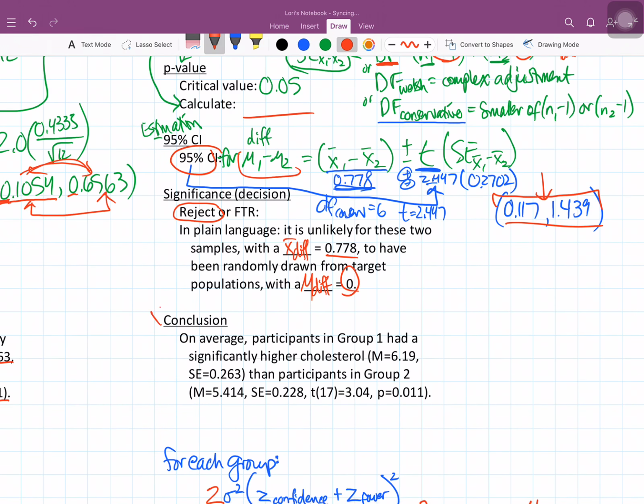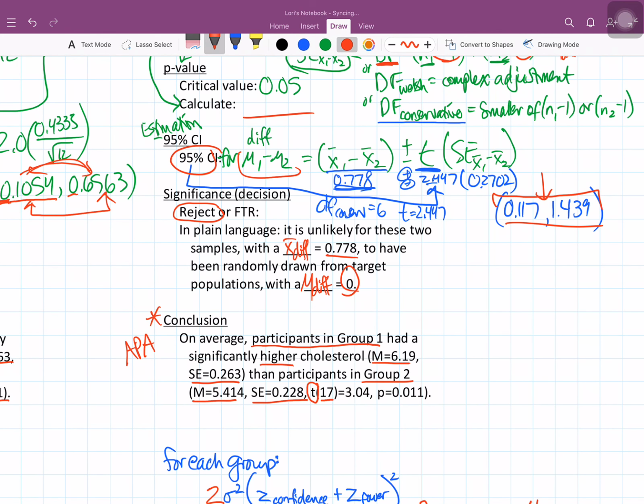So here's the way we would put that. Again, this is sort of like an APA format, kind of a summary. On average, participants in group 1 had a significantly higher cholesterol. Here's our mean, standard error. Then participants in group 2, again mean and standard error. Here it says t.